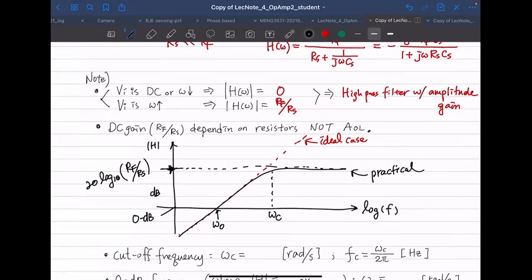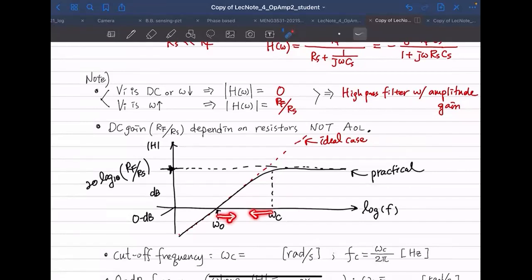Similar to our integrator circuit, which frequency do you want to use for differentiation here? What frequency do you want to use? 10 times WC is here, right? So you want to use the frequency here? No? Or, yes, so lower than this, but above this guy.